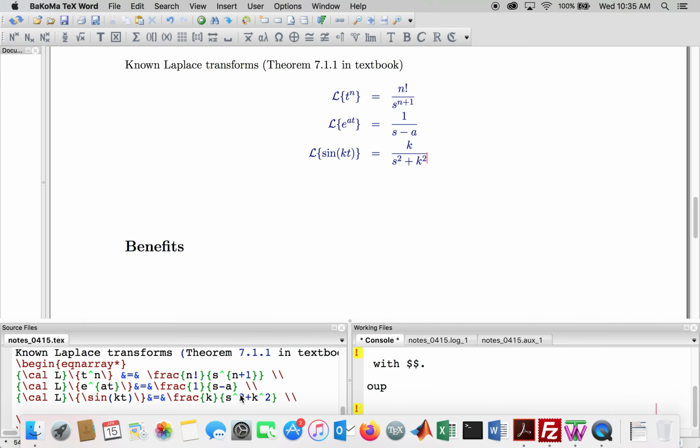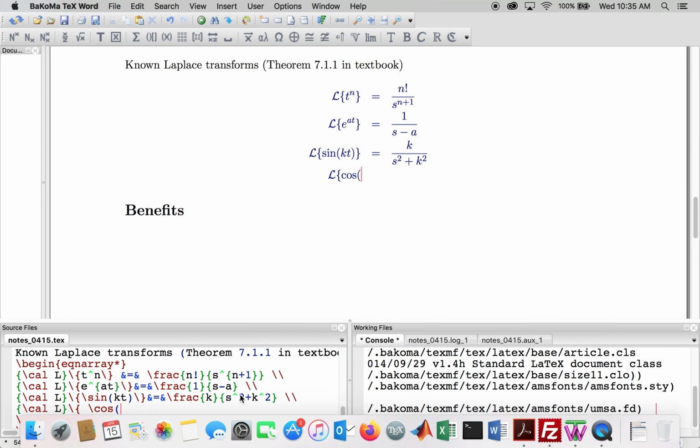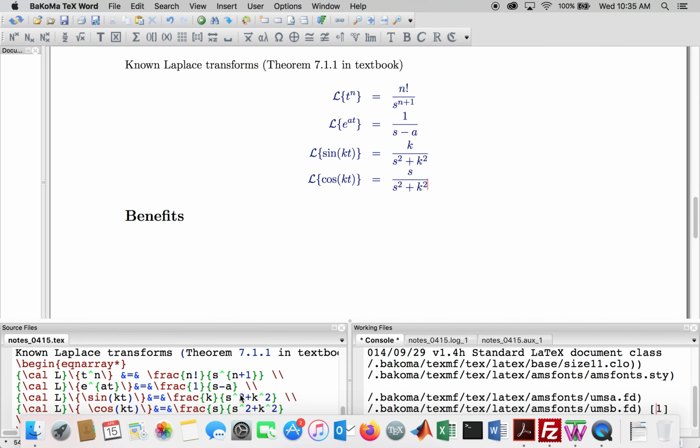And similarly, if you have cosine of kt, then that would be s over s squared plus k squared. Notice the ones for sine and cosine are quite similar, just with a different numerator: the constant k for sine and then s for cosine. All right, so these transforms will be enough to get you through the homework for 7.1. But we'll see some other transforms as we go through the rest of the chapter.